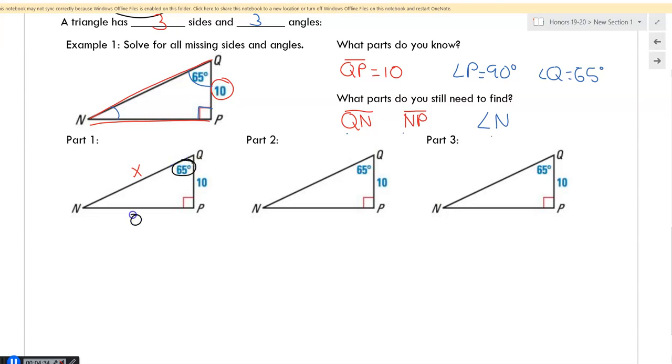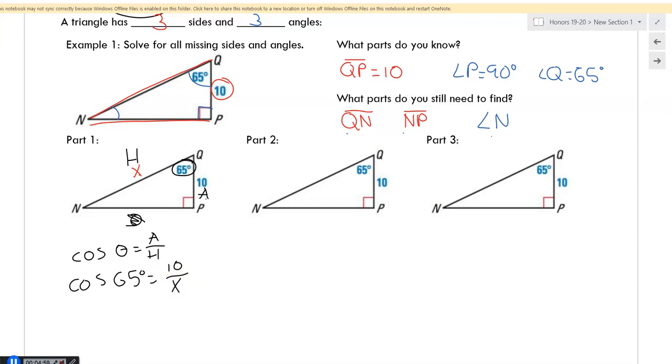So I have my opposite, my adjacent, and my hypotenuse. Not going to worry about my opposite side. So this is adjacent over hypotenuse, so that's going to be a cosine problem. So cosine of 65 degrees equals 10 over x.